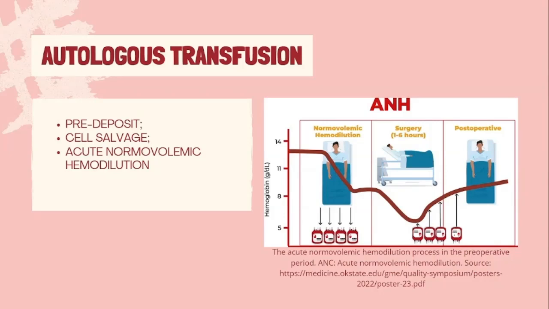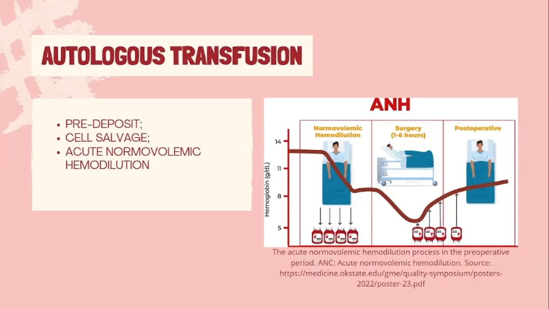Another example is cell salvage, a procedure where, during the surgery, the blood that is lost by the patient is suctioned through a machine, reprocessed, and then retransfused to the patient during the procedure. Another option is acute normovolemic hemodilution.